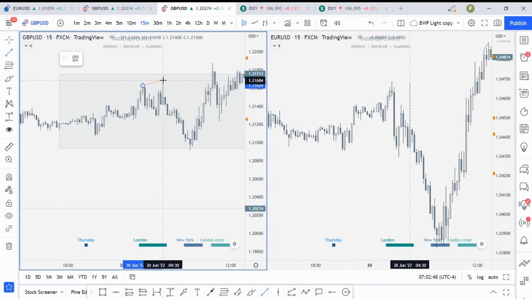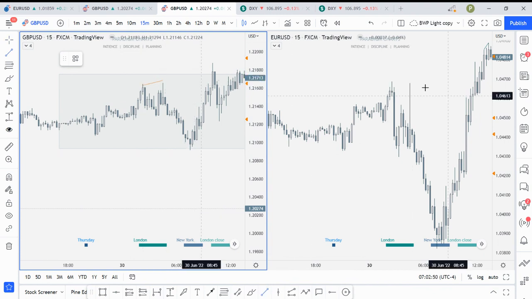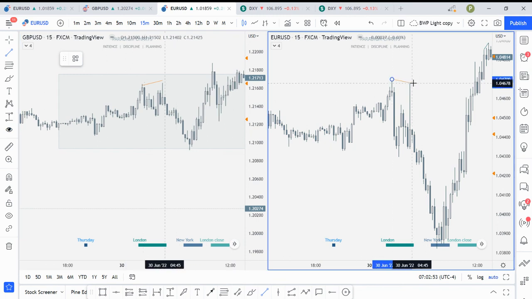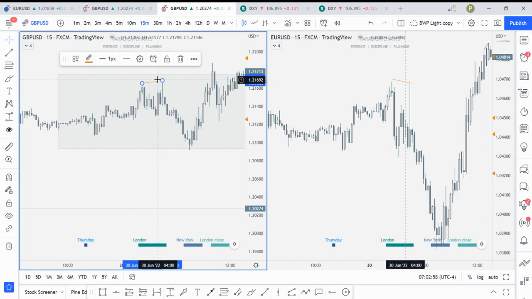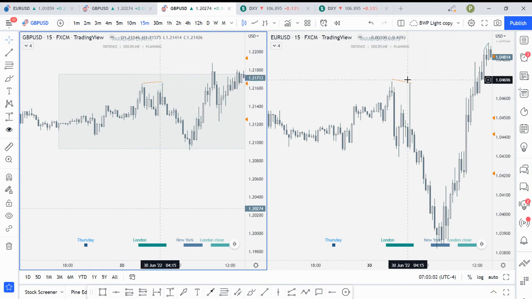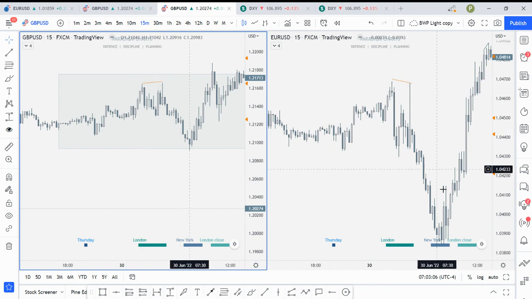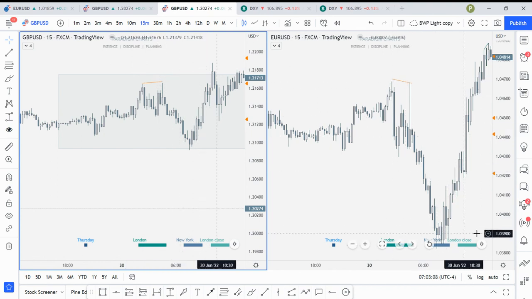You can see another SMT divergence here. This is forming a higher high, while this is forming a lower low. So we have a higher high, we have a lower low. You can see how the one that made the lower low dropped aggressively.